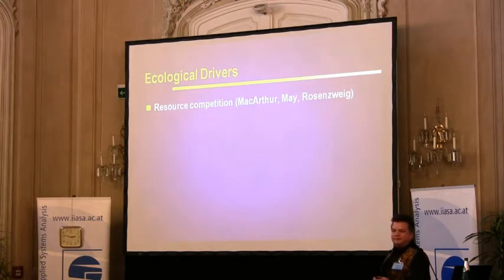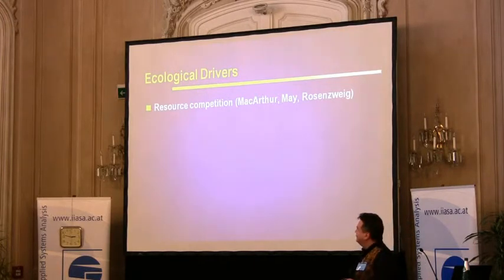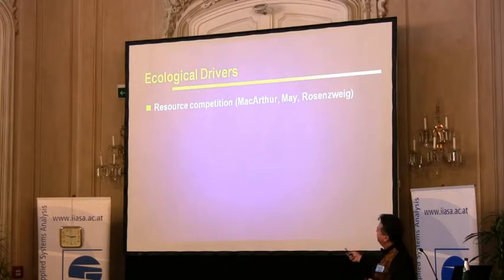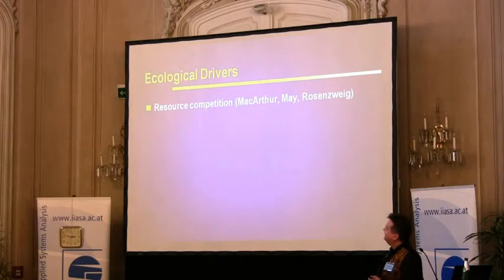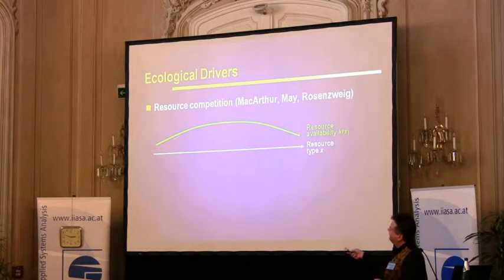So resource competition was the first class of mechanisms to be explored. And the models go back to MacArthur, May, and Rosenzweig, late 70s, early 80s, or even actually late 60s. And these models consider a resource axis, not spatial, just a resource axis. One-dimensional phenotype space, not all resources are equally abundant, so we consider a unimodal part of the distribution.